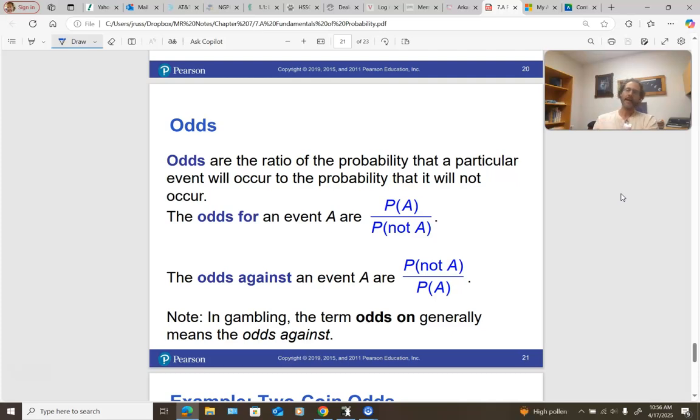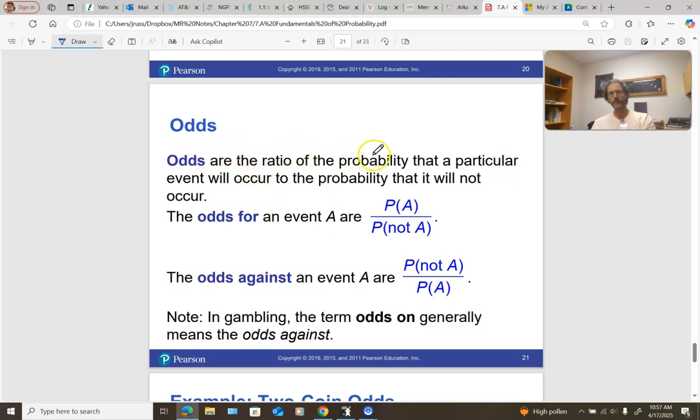However, the odds are calculated a little bit differently. Now, if you've ever done any betting on horses, horse racing, or anything like that, games maybe even, sports games, they probably assign odds to the outcomes of the game. The odds, this is the way it's defined.